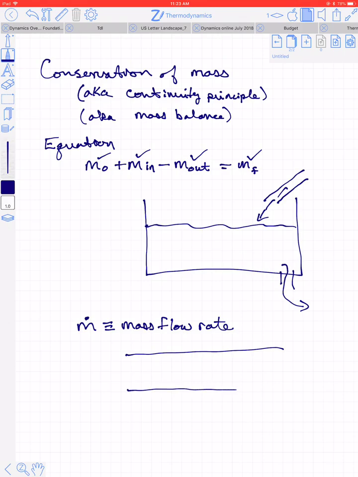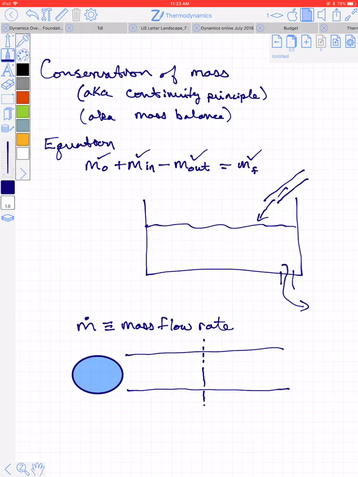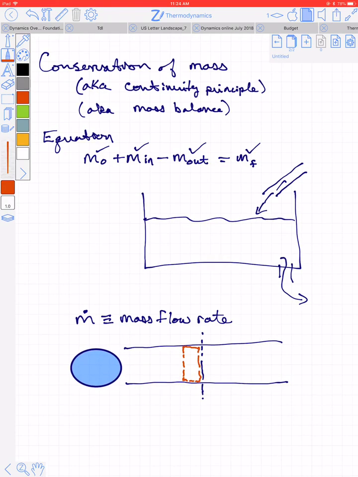Maybe we have some fluid flowing in a pipe here, and the cross section there is a circle, by the way. How much mass is going to flow past a certain point in a certain amount of time? If we say this is a chunk of mass, it's going to flow past our point in a certain amount of time.